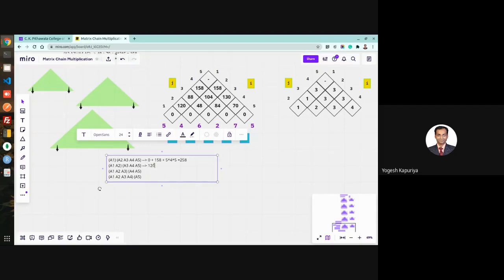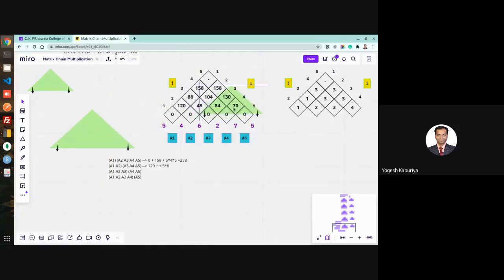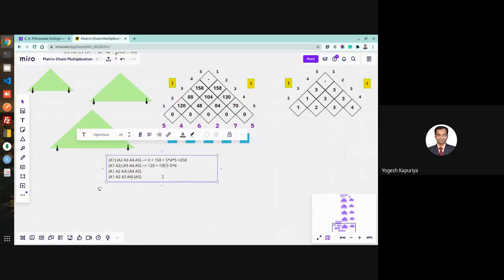Then A3 A4 A5 is this, so that is 130 and the dimension is 6 cross 5. So that is 130 plus 6 cross 5. Okay. So that will give you the value as 120 plus 130, 250 plus 150, so 400.